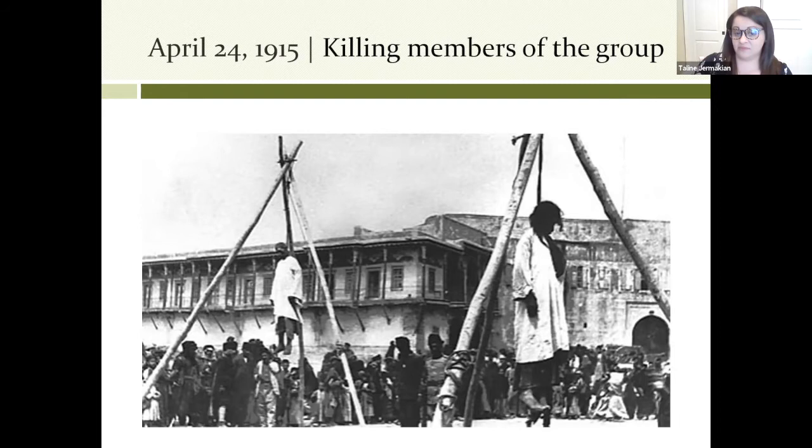This photo shows that it started with the gathering of all the intellectuals within these Armenian villages and massacring the intellectuals.